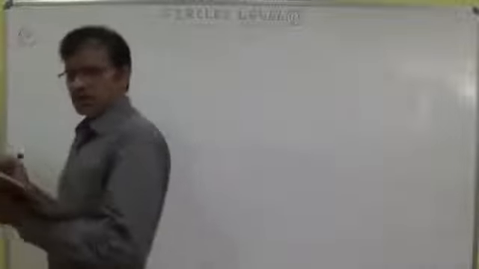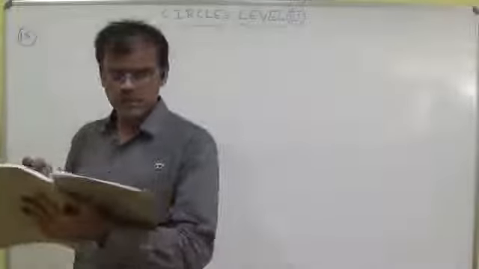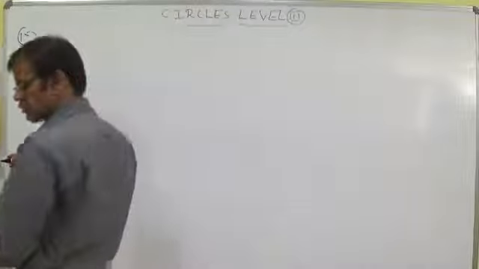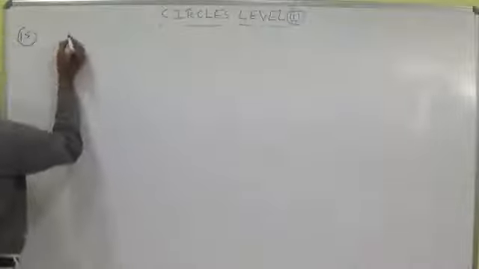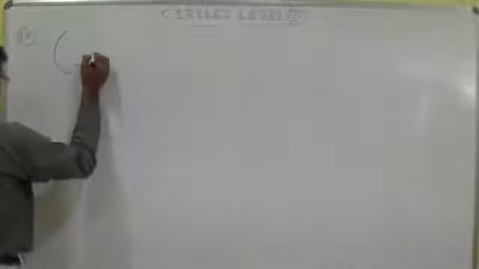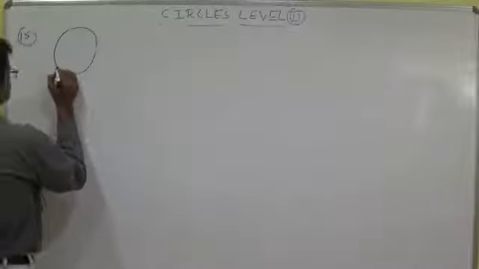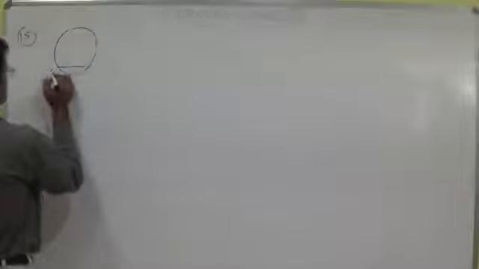Let us discuss the 15th question. If the chord joining the points (2, minus 1) and (1, minus 2) subtends a right angle at the center of a circle, then find the center and radius. This is the chord AB.